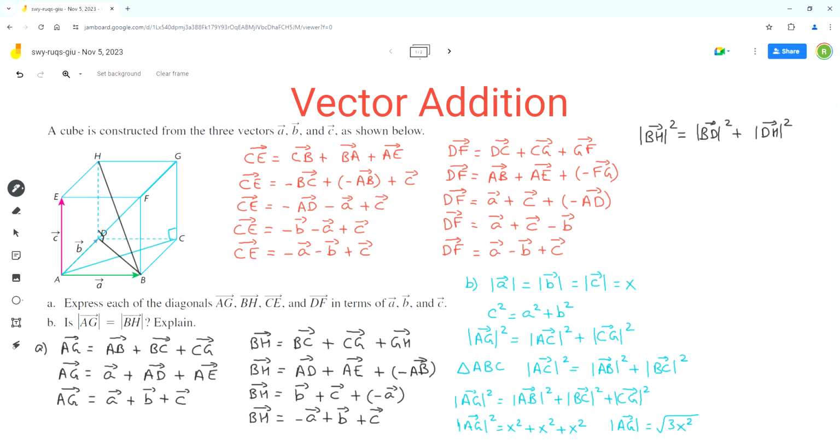Now, side BD is part of triangle ABD, and triangle ABD is a right angle triangle. So we can use the Pythagorean theorem. So we get, so this is for triangle ABD.